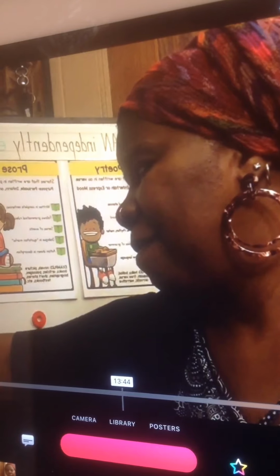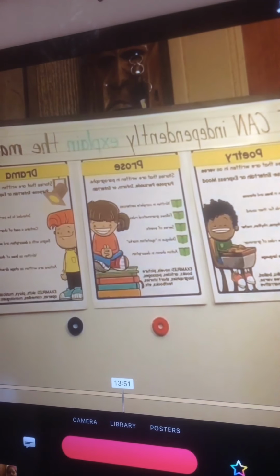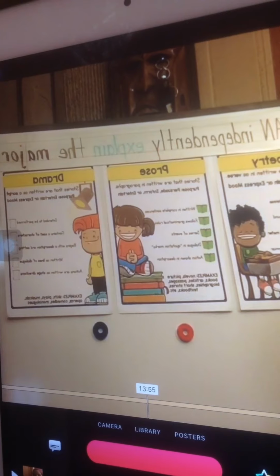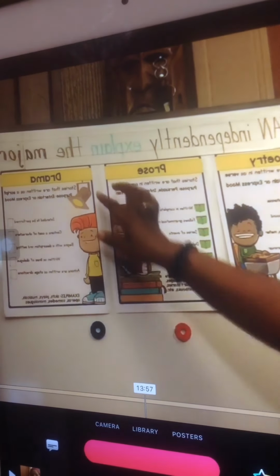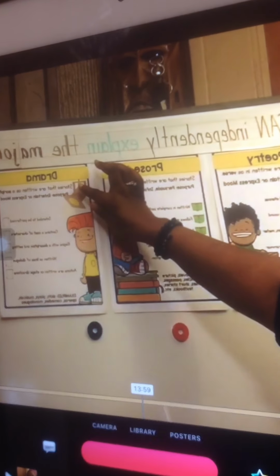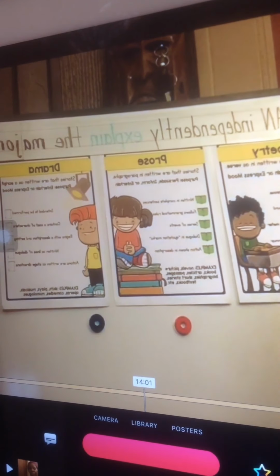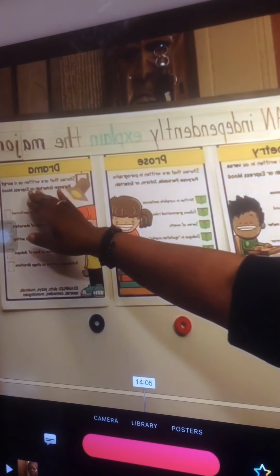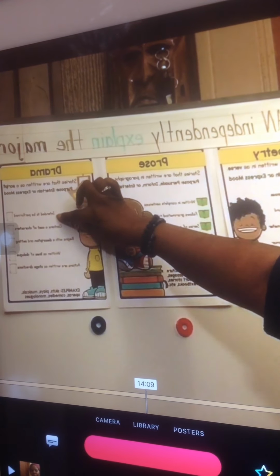Wednesday, we are going to be looking at drama. Drama is defined as stories that are written as a script. The purpose is to entertain or express mood. It is intended to be performed.